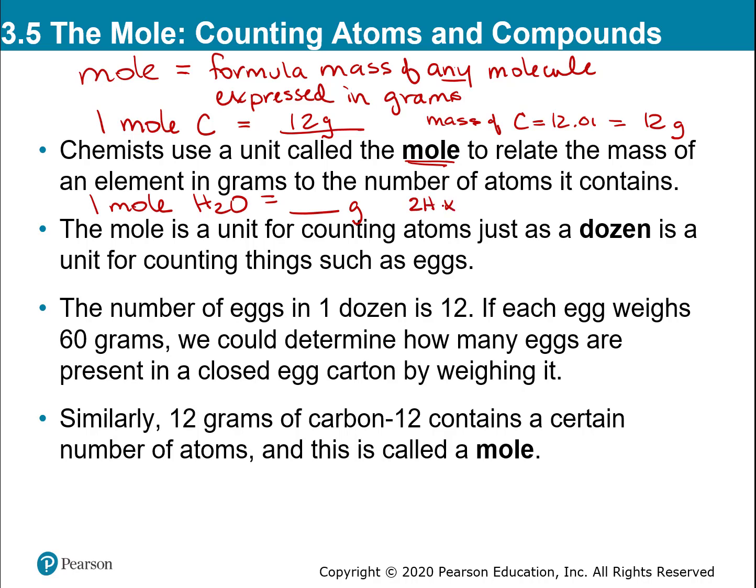Each hydrogen weighs what? Look on your periodic table. 1. So that's going to add 2 grams. I have 1 oxygen, and each one weighs 16. I just add those up. So 16 plus 2 tells me that there are 18 grams in 1 mole. As long as you have a periodic table, you can figure out how many grams in 1 mole of anything.